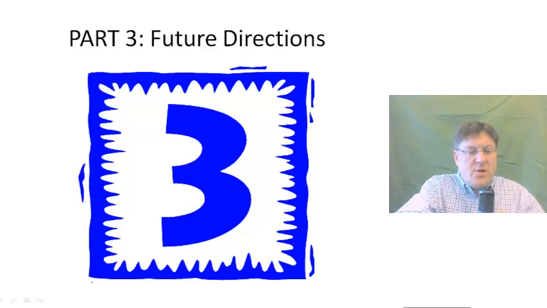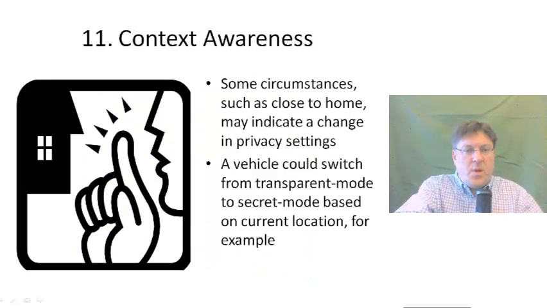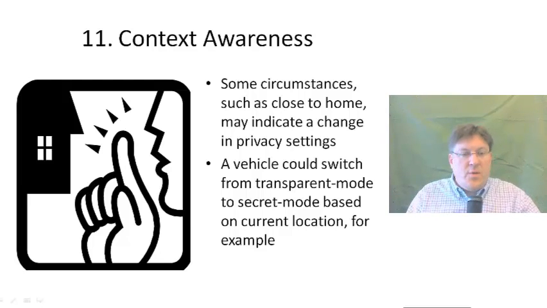So let's take a look at future directions. Basically, there's two future directions I want to focus on. One of them is context awareness. In other applications, privacy is context aware, but not so in vehicle research. I haven't found any papers on that yet. There could be some, but I haven't found any. There are times when, for example, your car is close to home and you might want to go transmission silent.